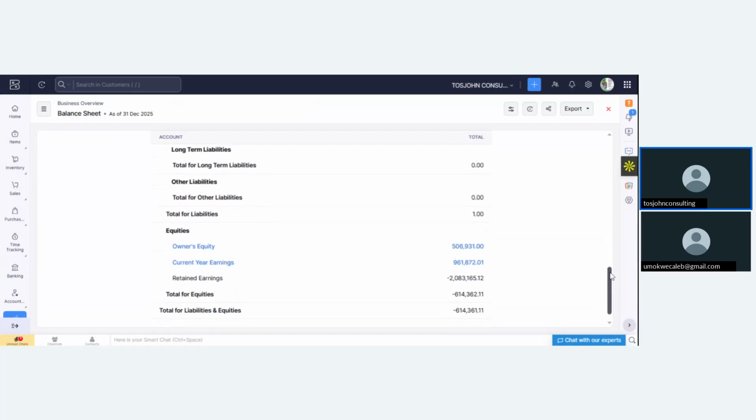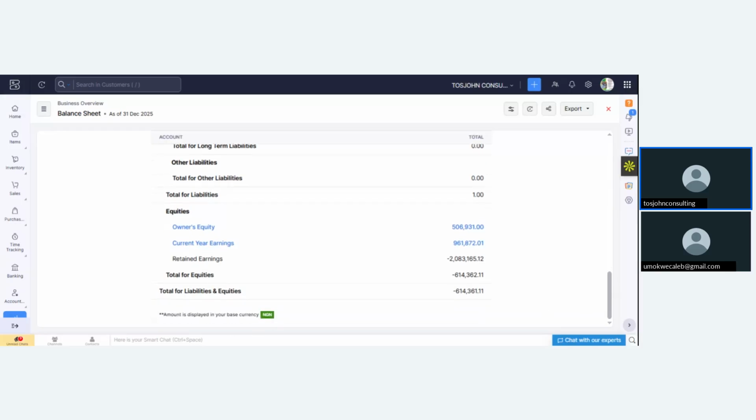Then after the liabilities, we have the equity, right? Owner's equity, current earnings and all of that. So you have it here. So it will give you the total for equity, right? Retained earnings, all the profit that you have made from the beginning of the business to the current period is what will give you the retained earnings.